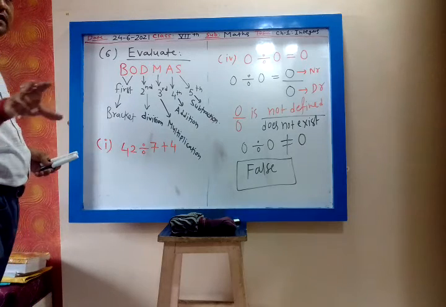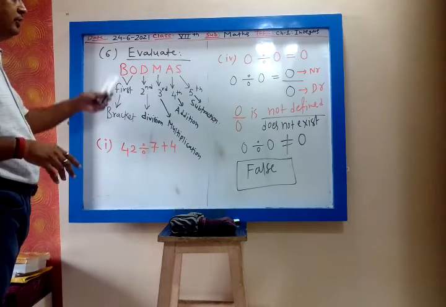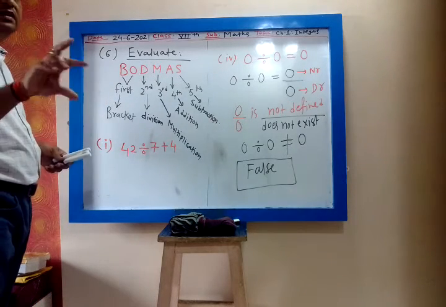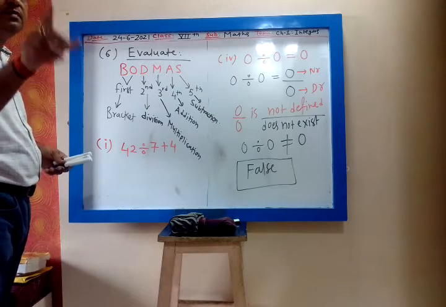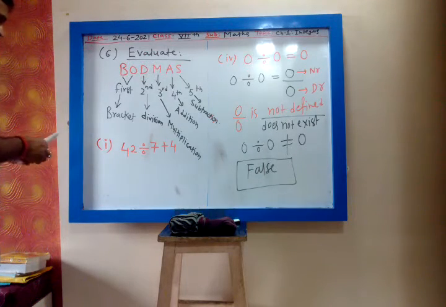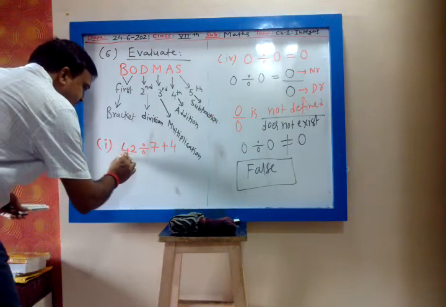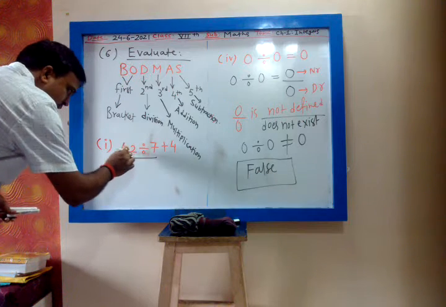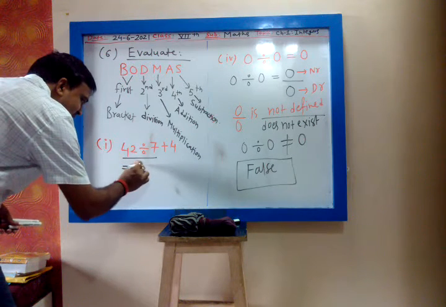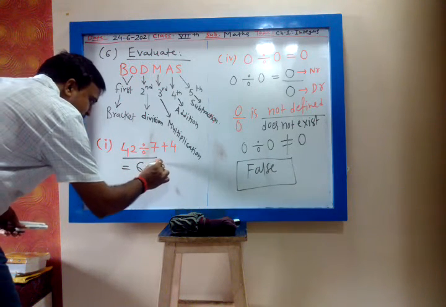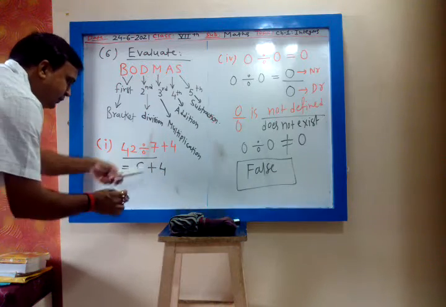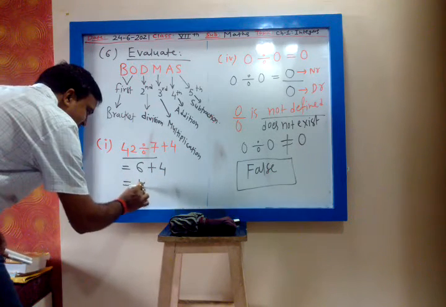Which is performed first, division or addition? First we perform division. So first we simplify this. 42 divided by 7 will be 6. Then plus 4. 6 plus 4 is 10. So the answer is 10.